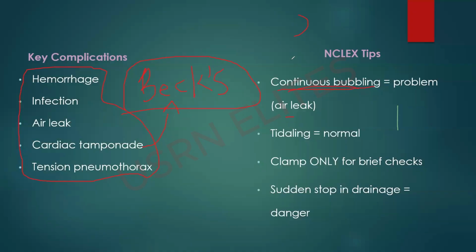When you have a chest tube question and they tell you it's connected to a suction wall, a gentle continuous bubbling is a normal thing. And in that case, if it doesn't continue to even bubble, that is a problem in that suction compartment.